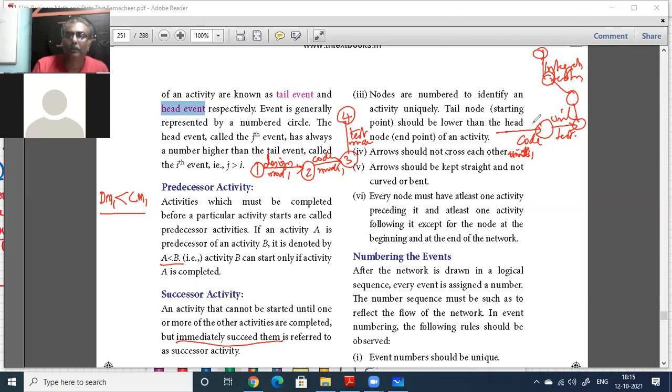Technically it comes after the coding activity, but that will not be called a successor activity. You understand? The activity which immediately follows the event at the tail end, soon after event 2, where it begins, that activity only is the successor activity.